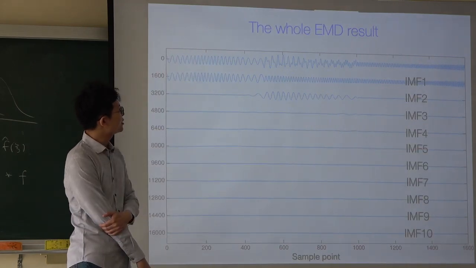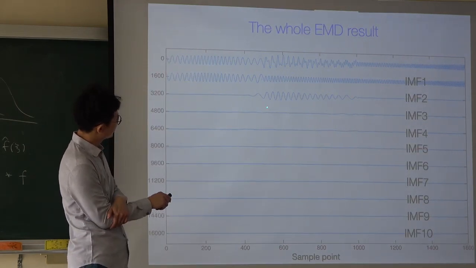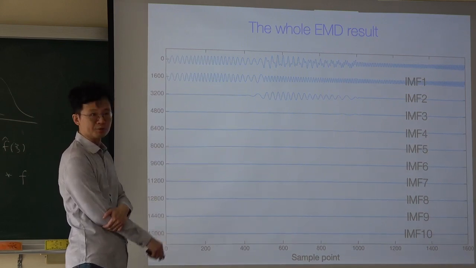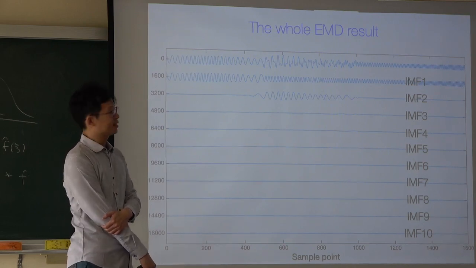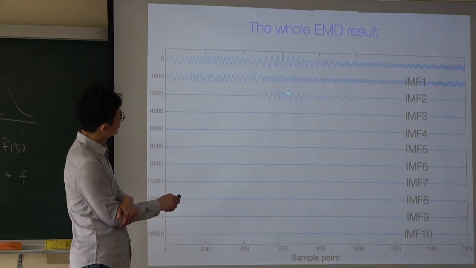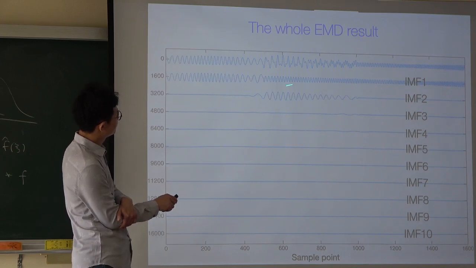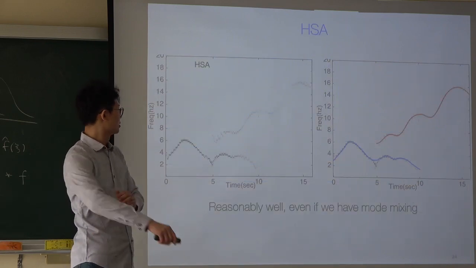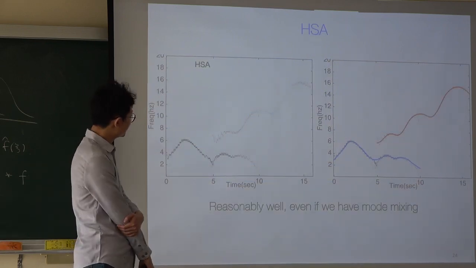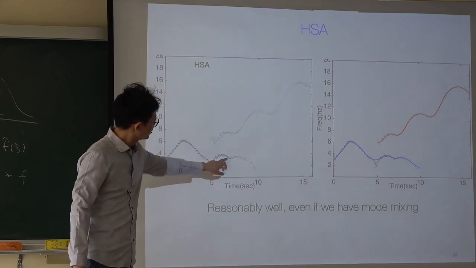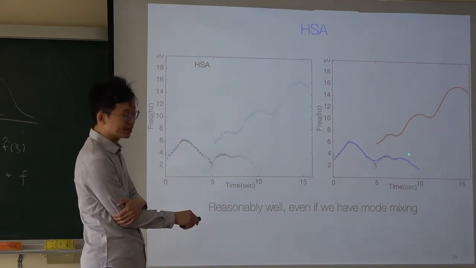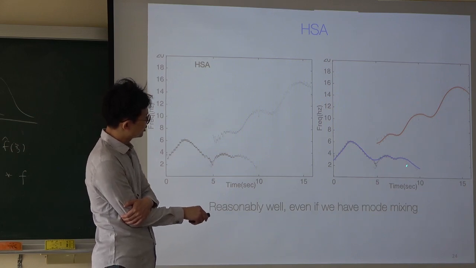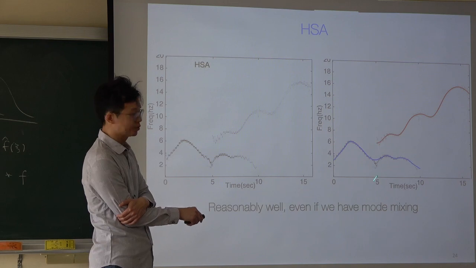And this is the whole EMD result. You can see first one, second one, very nice, and nothing else. All the others are very, very small, which you can ignore. So in this sense, it is not bad, right? It's only some mixed order stuff. If you pay attention to its Hilbert spectral analysis, you can see it's quite okay. Why? Because on the right-hand side, the red curve and the blue curve are the true instantaneous frequencies of these two components.